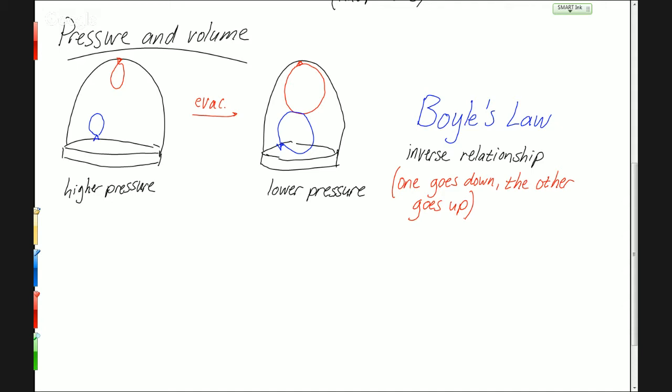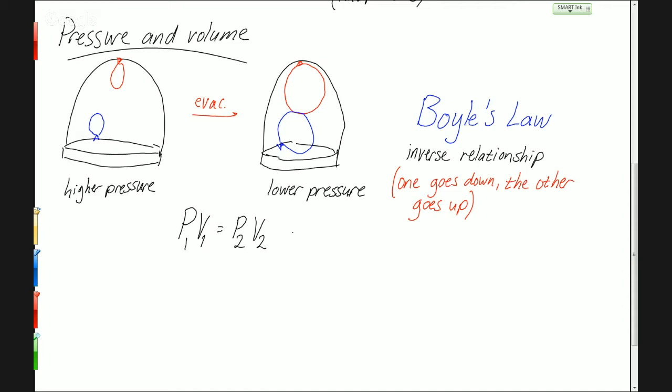The way we can think about that mathematically is often written like this. We're not going to worry about solving specific problems for these quantities, but the idea being that the product of the pressure and the volume stays constant. So if one goes up, the other one has to go down to compensate.